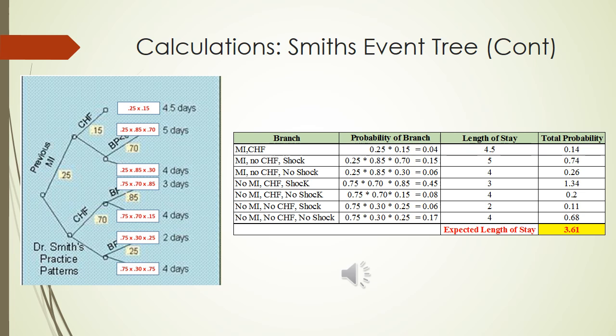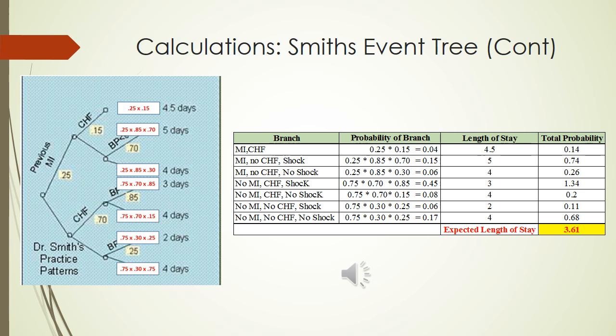Picking up from the last slide, we calculated all the total probabilities for each segment of branches, and now we want to create a table that will help us analyze the expected length of stay. I branched out the total branches and calculated the total probabilities.